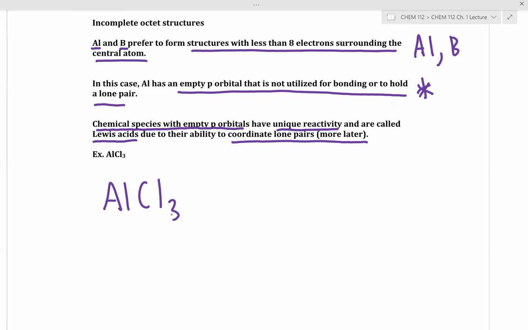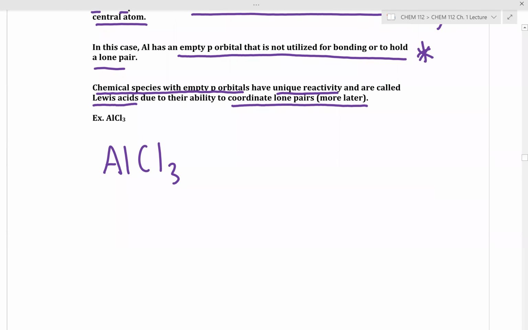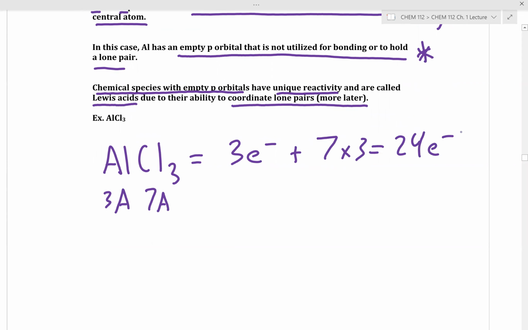And let's try to identify the hybridization of our central atom. First and foremost, let's count our electrons. How many electrons does aluminum contribute if aluminum is a 3A element? 3. Okay. Chlorine as a 7A element contributes how many electrons? 7. 7 times 3 gives us 21, and 21 plus 3 is a total of 24 electrons.